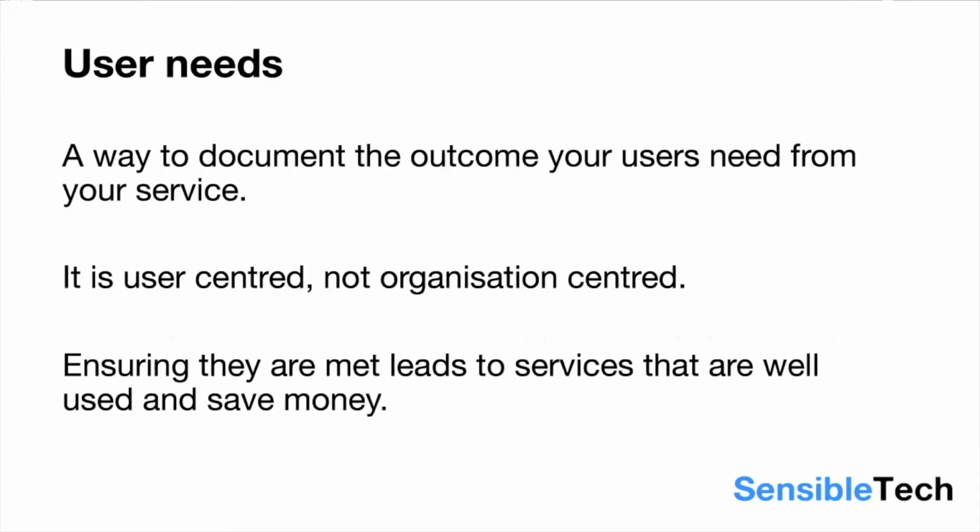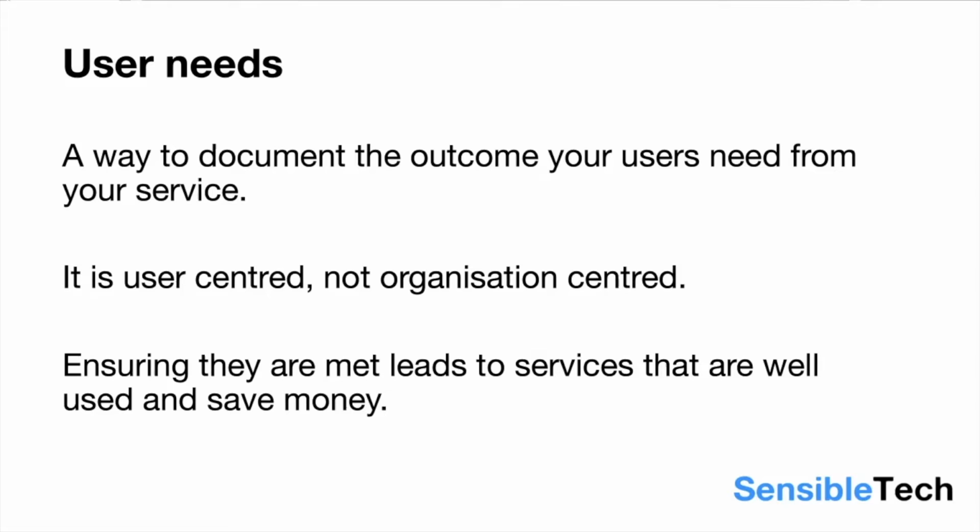So when we're talking about user needs, what do we mean? Most of us will know about this, I'm sure, working in digital roles, but it's simply a way to document the outcome that your users need to get from your service. So it's user-centered and not organization-centered. It's different from those lists of requirements that we might have been writing a few years ago when we were thinking about technology.